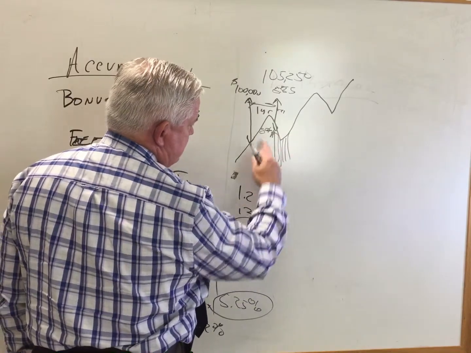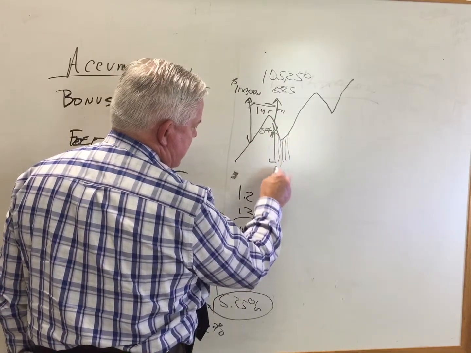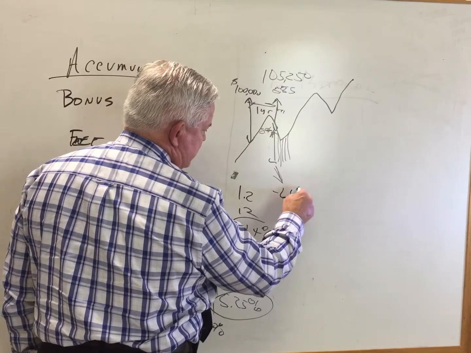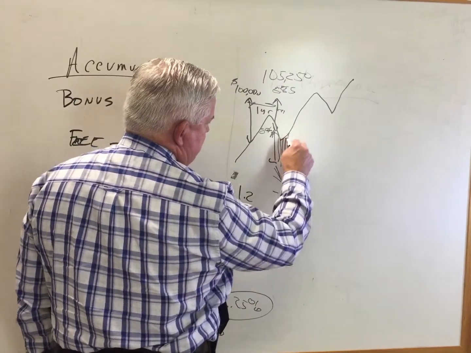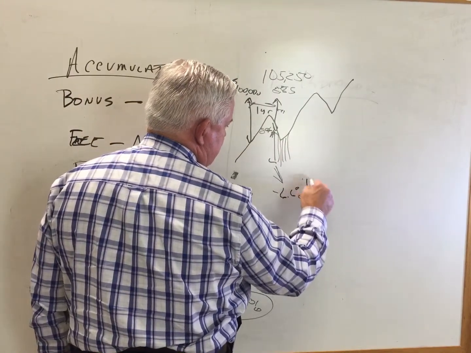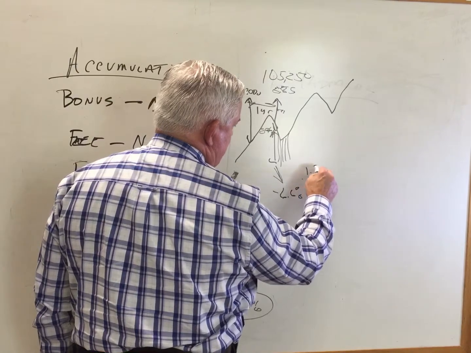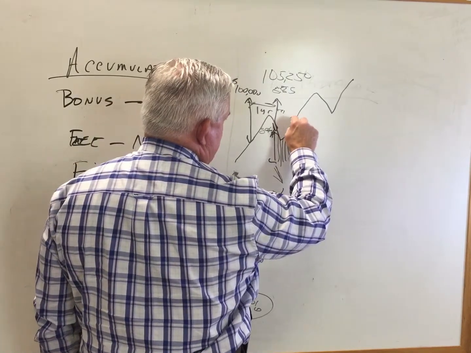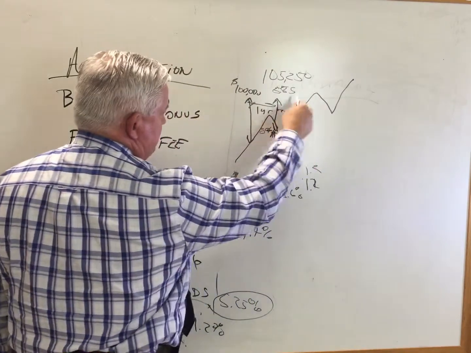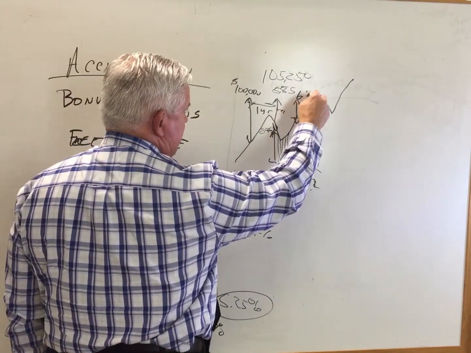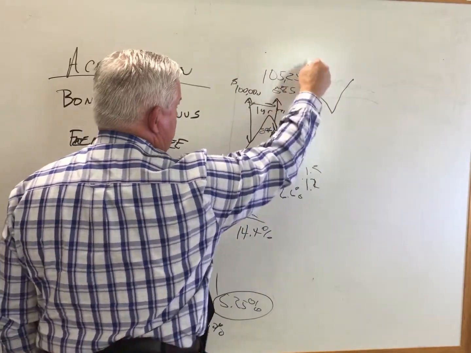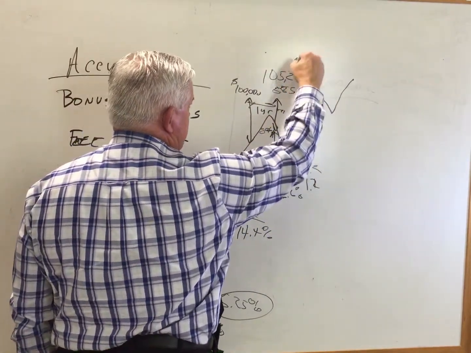Say over the next 3 months the index goes down, so you're at minus 6.6%, and then next month it starts going back up. Then you start getting 1.2, 1.2. Say right here is the next annual date. It might be up 6.8%, and then they're going to add that on top of the $105,250.